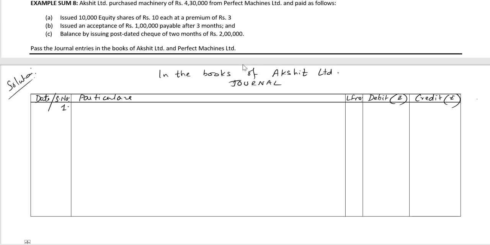The first journal entry is for the purchase of machinery of rupees 4,30,000 from Perfect Machines Limited. Machinery account debit 4,30,000 rupees to Perfect Machines Limited account.